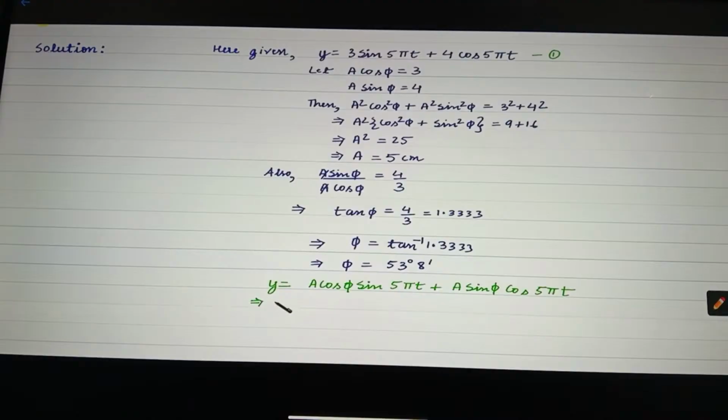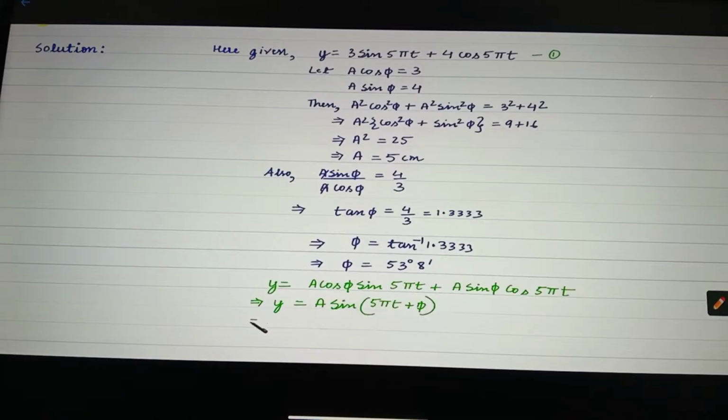Taking A common, this becomes the formula of sine a cos b plus sine b cos a. So that becomes A sine (5 pi t plus phi).